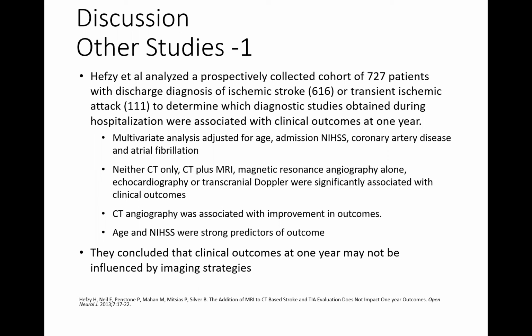They found that the only thing that correlated with outcome at 1 year was patients getting CT angiography. CT, MRI, MRA, echo, and TCD were not associated with clinical outcome. So they concluded that maybe imaging strategies don't correlate with how patients do.